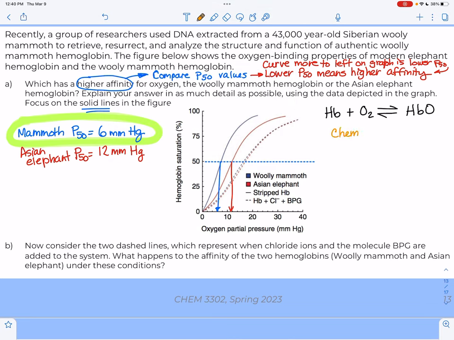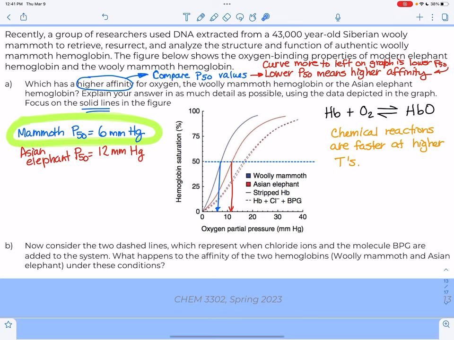Chemical reactions are usually faster at higher temperatures. So if the woolly mammoth is living in a colder temperature, then for this binding reaction, the molecules will be moving slower and encountering each other less frequently.